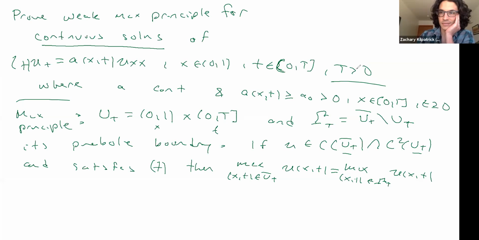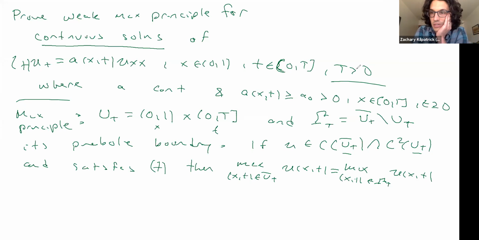Okay. If we knew that the maximum principle was satisfied, how would we prove the minimum principle? You consider negative u and then maximize that. So you only need to do the hard work once. You just flip the sign of u and apply the maximum principle.